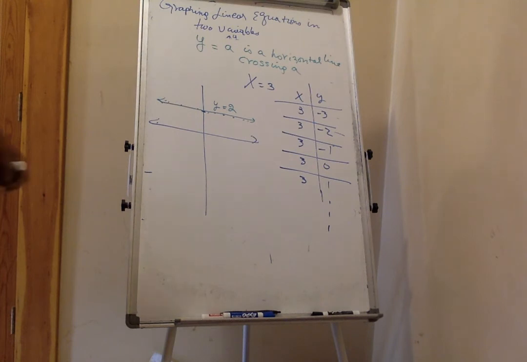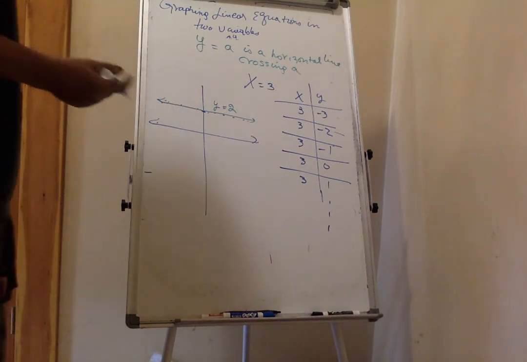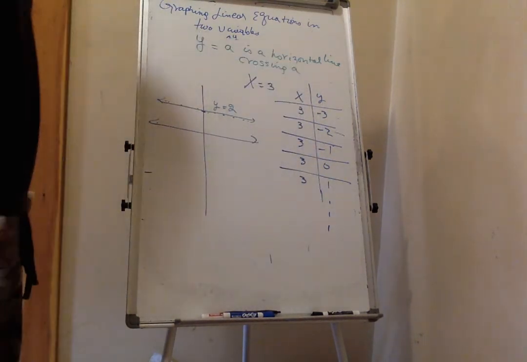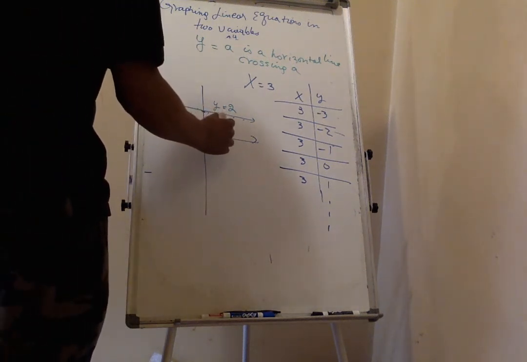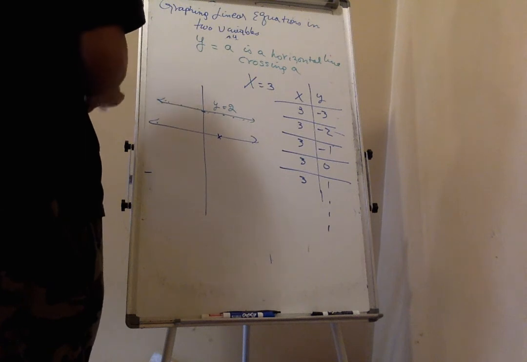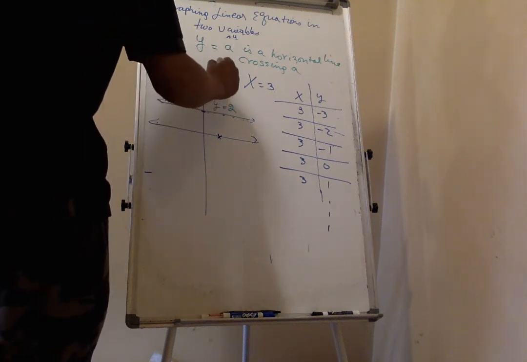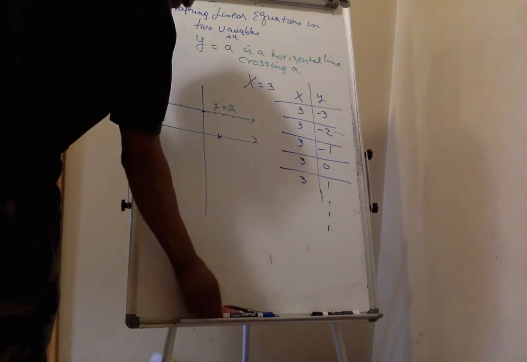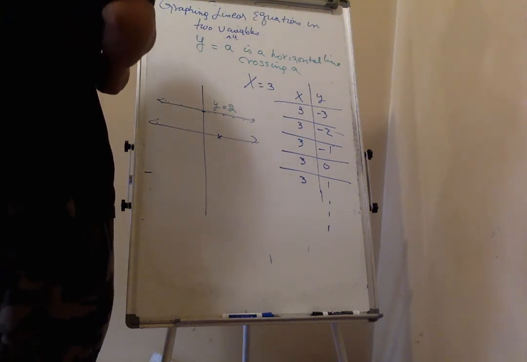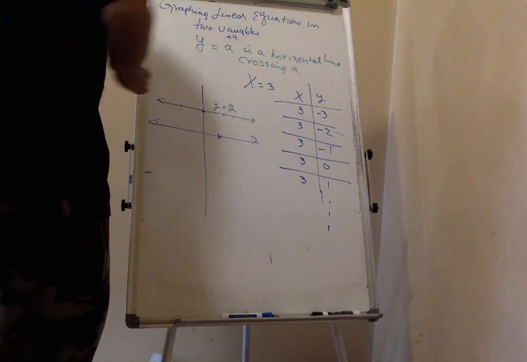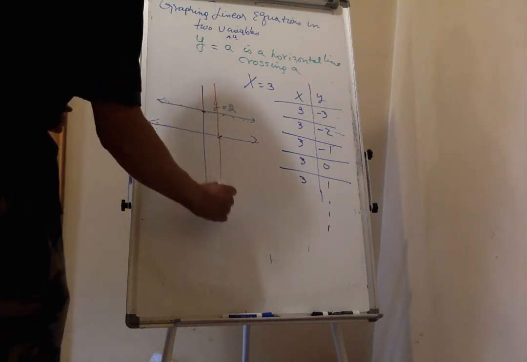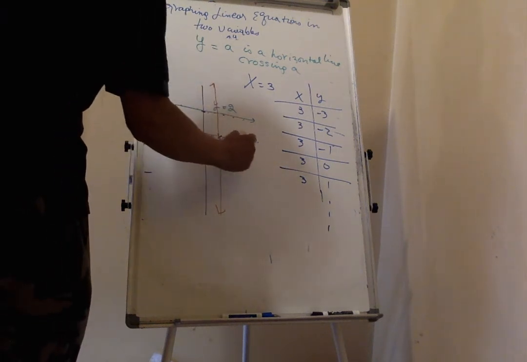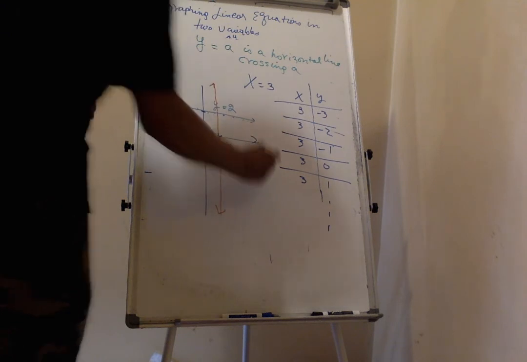So all you are looking for is, the value of x, the constant number, stays the same. x is equal to 3 is somewhere around here. This is your x is equal to -3.